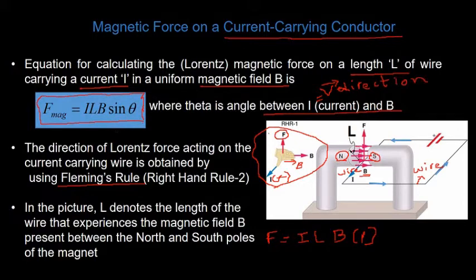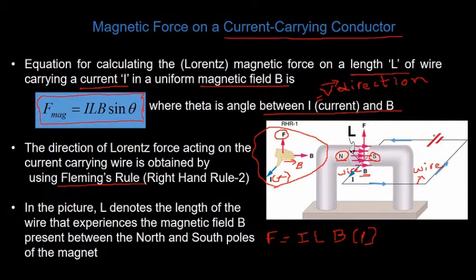Now in this example, I show you a picture of a magnet with north and south pole, and the magnetic field shown in magenta going from the north pole to the south pole. There is a circuit in which current is flowing through the battery power supply, and there is a section of wire inside the magnetic field.